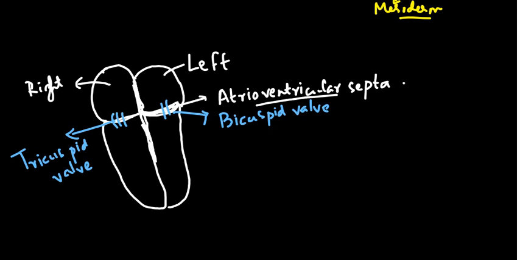Now, for the passage of blood from the lungs, the oxygenated blood comes towards the left atrium through the pulmonary vein.